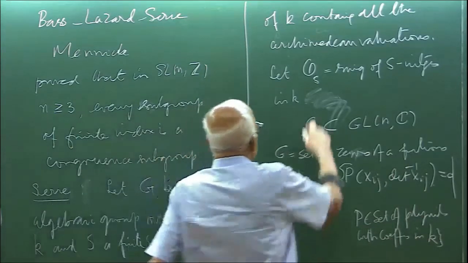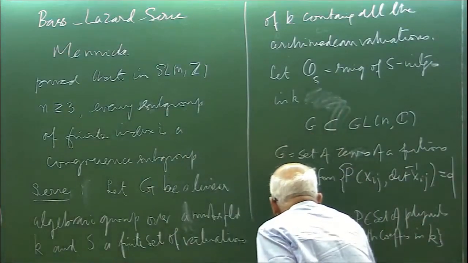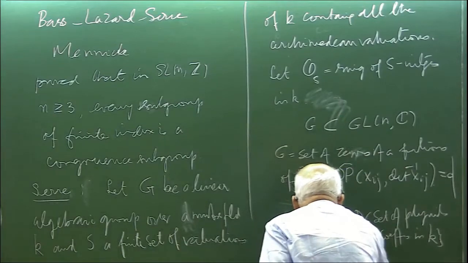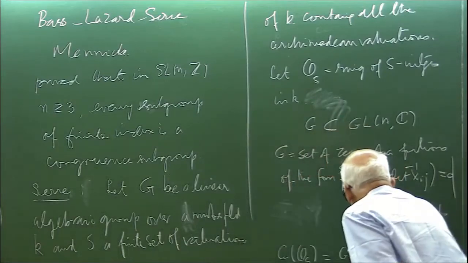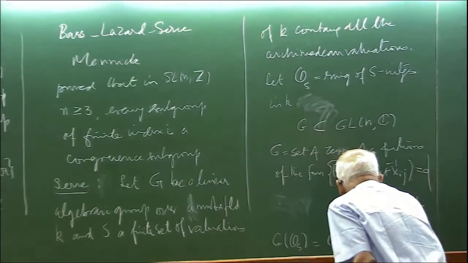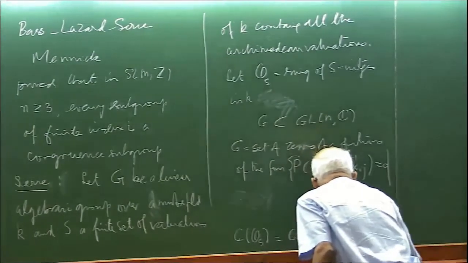And then I can talk of G(O_S), which is simply G(C), the C points of G, intersected with GL_n(O_S).